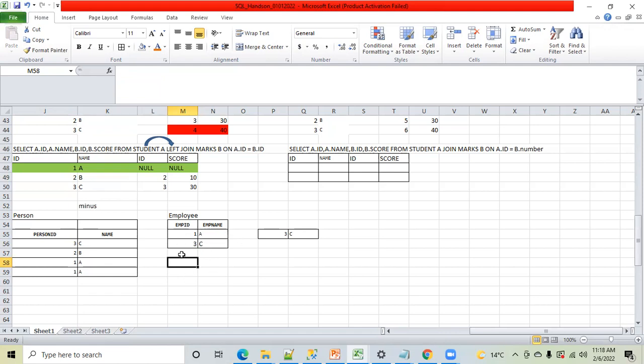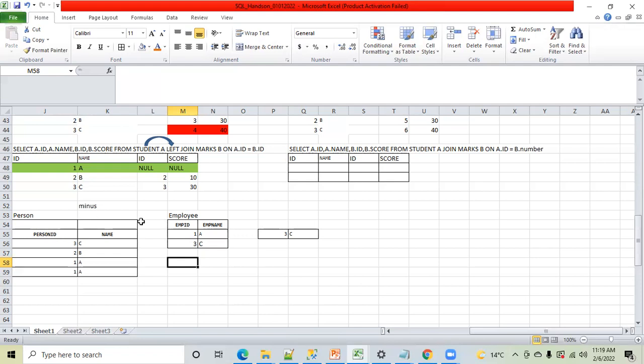If you are sorting the data, then I will compare like this only. That is why whenever you are writing MINUS, it is suggested not to sort data. If you sort data, SQL will work in its usual manner and will give you an incorrect result. So in the MINUS operator, don't sort the data. Just give this data.